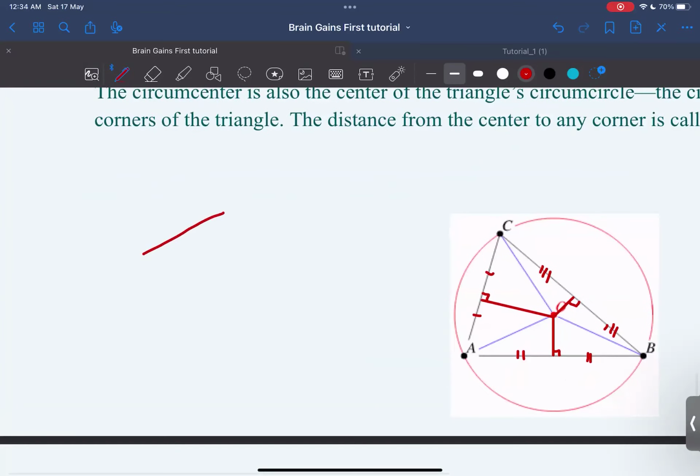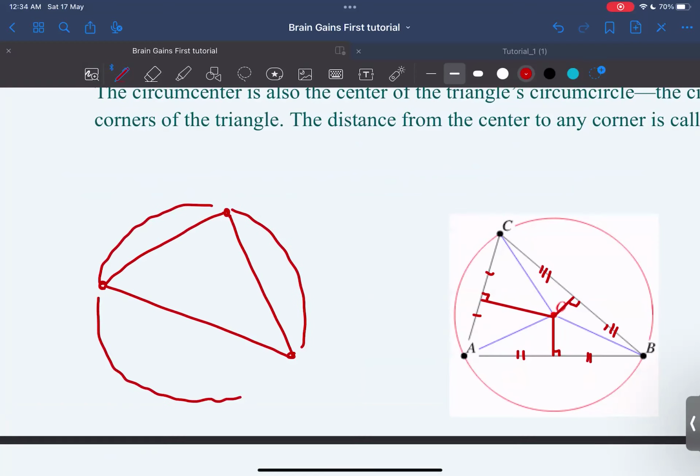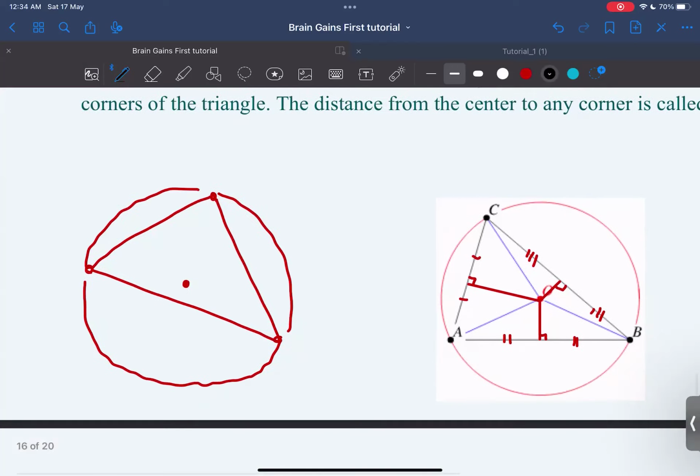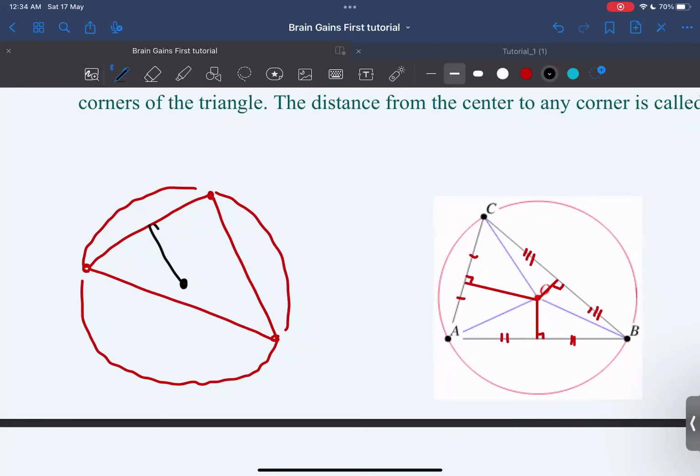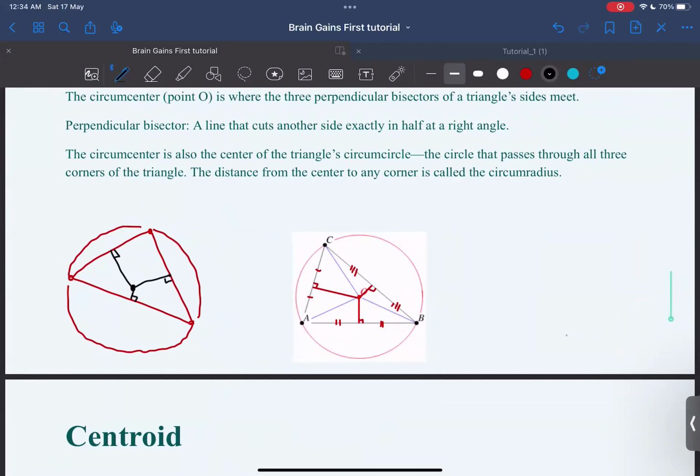So for any triangle, you can find a circle that passes perfectly through the three vertices, and the center of this circle is going to be our circumcenter, which is the point where our perpendicular bisectors meet.